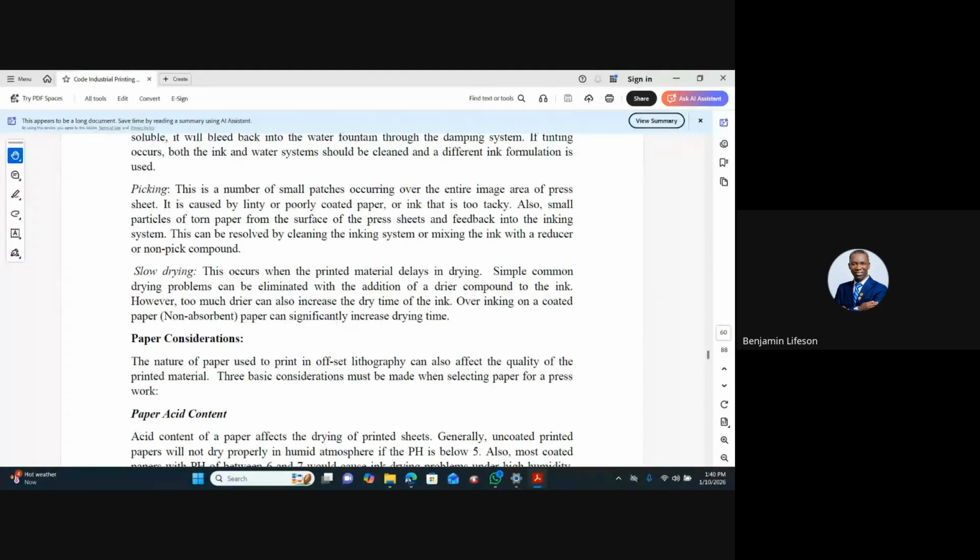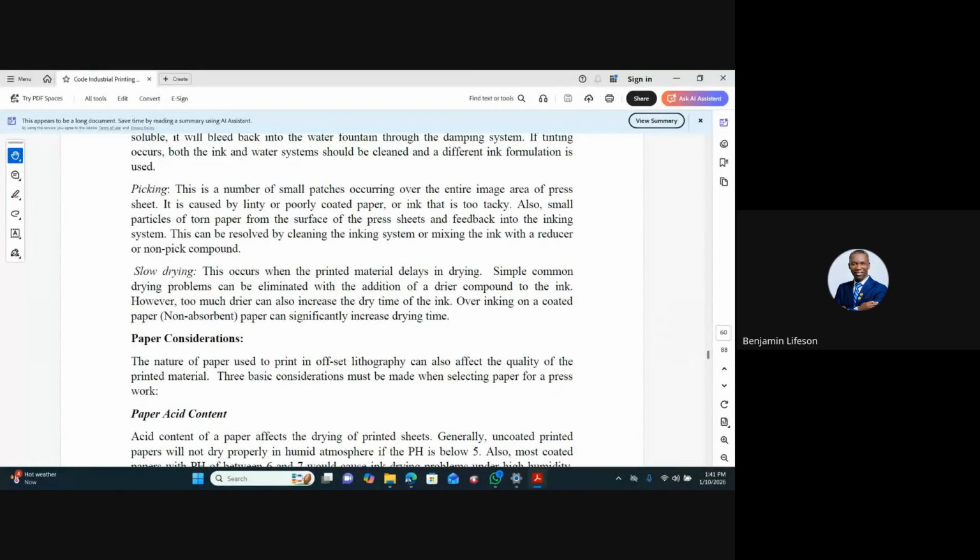Okay, so with picking, you see some small patches in the picture. It normally happens when you have illustrations in your work. You see some small patches occurring all over the entire illustration. He said it is caused by linty or poorly coated paper, or ink that is too tacky.